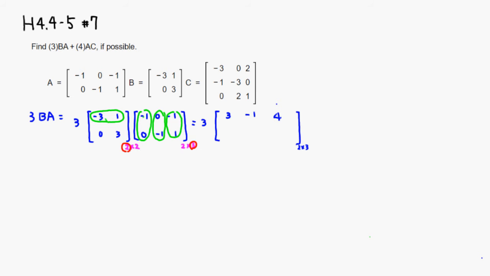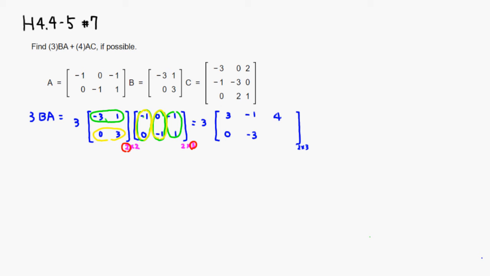Let's work on the second row. Second row times the first column: 0 times negative 1 is 0, plus 3 times 0 is still 0. Second row times the second column: 0 times 0 is 0, plus 3 times negative 1 is negative 3, so negative 3.